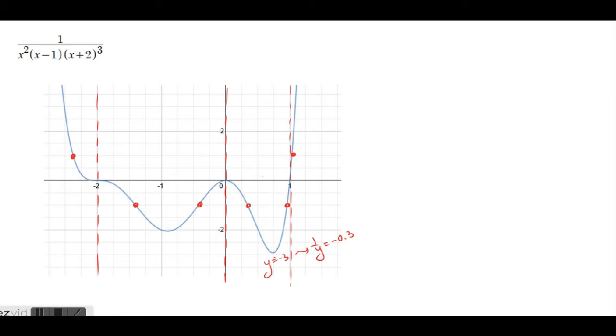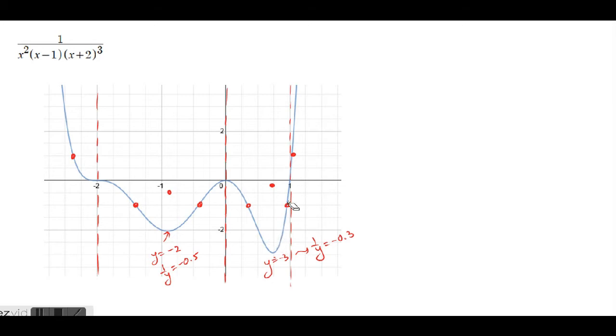Same thing with this point, y equals -2 becomes -0.5, so it will be plotted for the same x value right here. You can, of course, do the reciprocals of every single y value that you see there, but that's infinitely many of them. So let's think about in general what's happening.